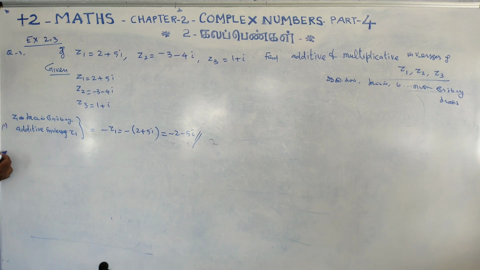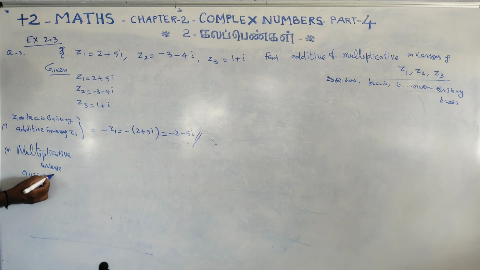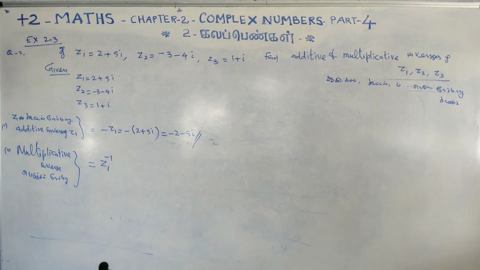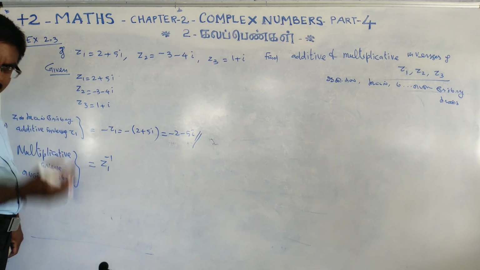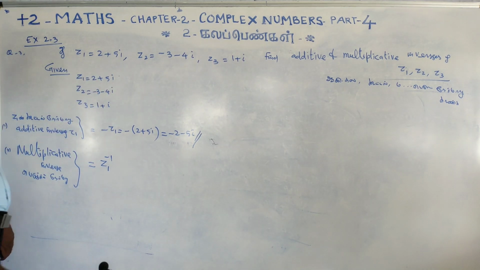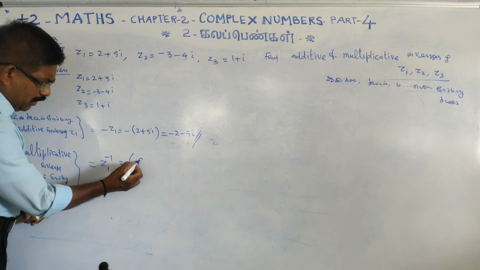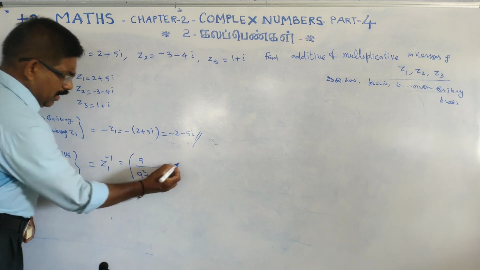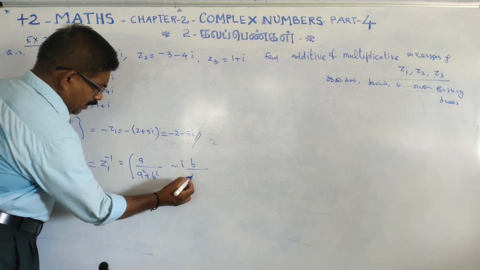Number 2, multiplicative inverse, பெருக்கல் நேர்மாறு, z1 power minus 1. We can do the problem by the step method, or another method, the straight formula method. The formula is a by a square plus b square minus i into b by a square plus b square.